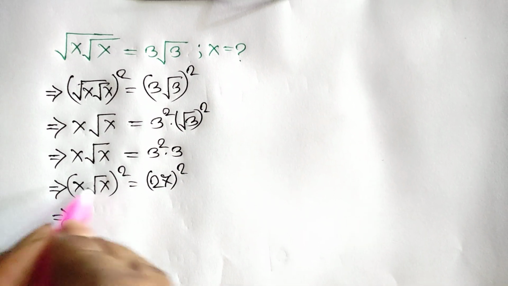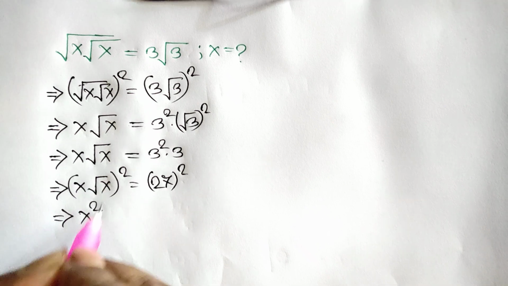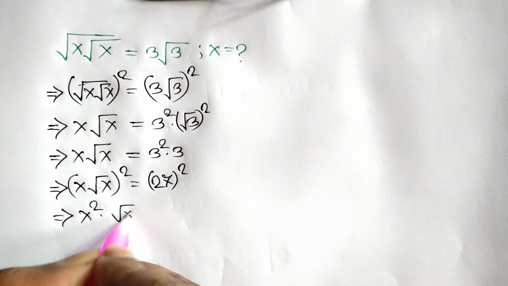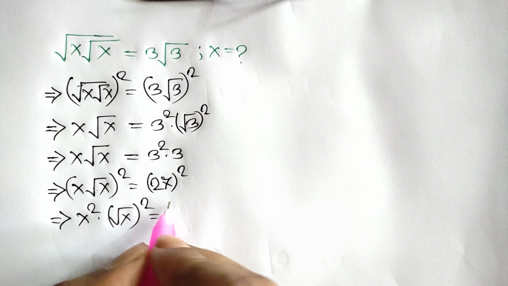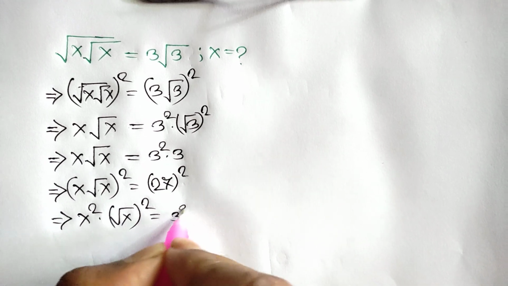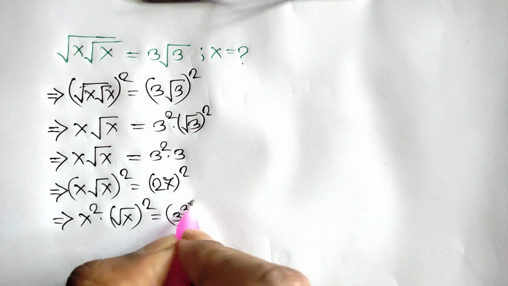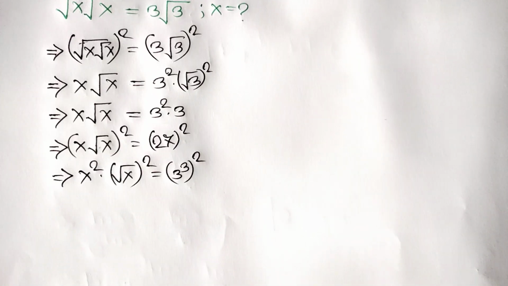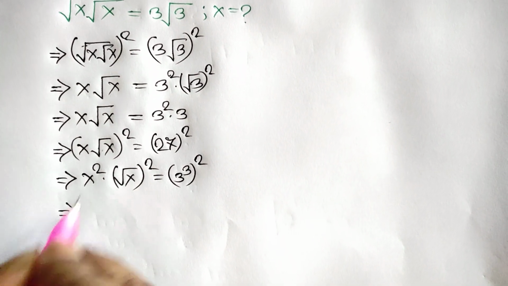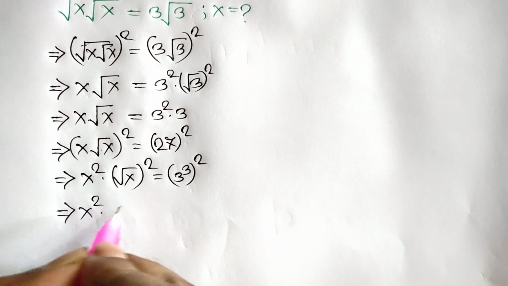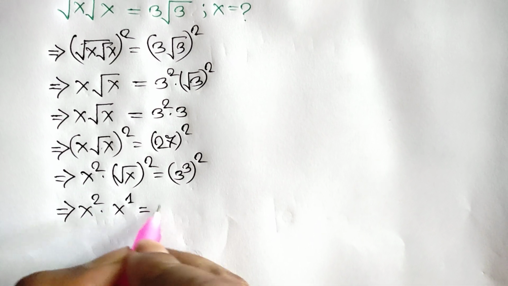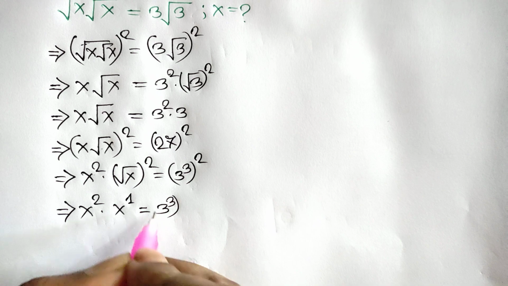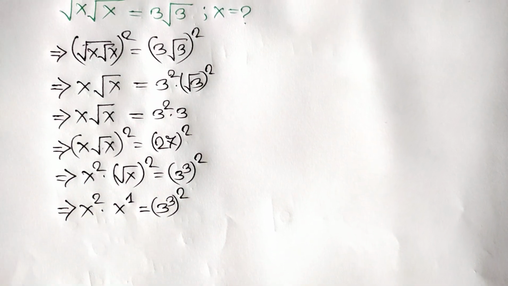Or x square times square root of x whole square is equal to 27, which can be written as 3 cube whole square, is equal to x square times x, and x can be written as x to the power 1, is equal to 3 cube whole square.